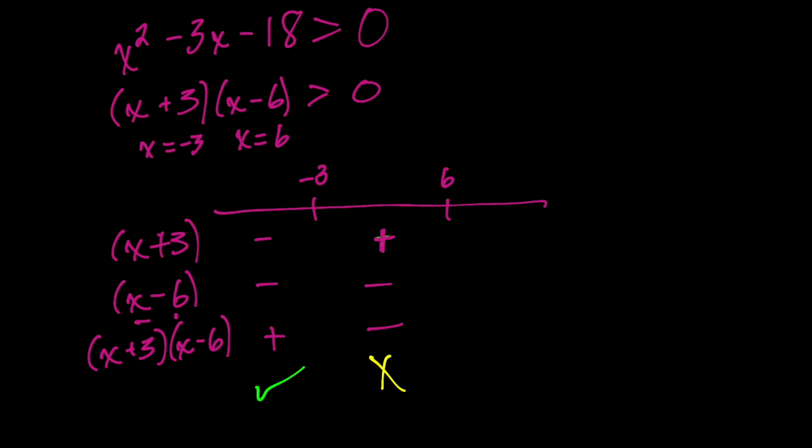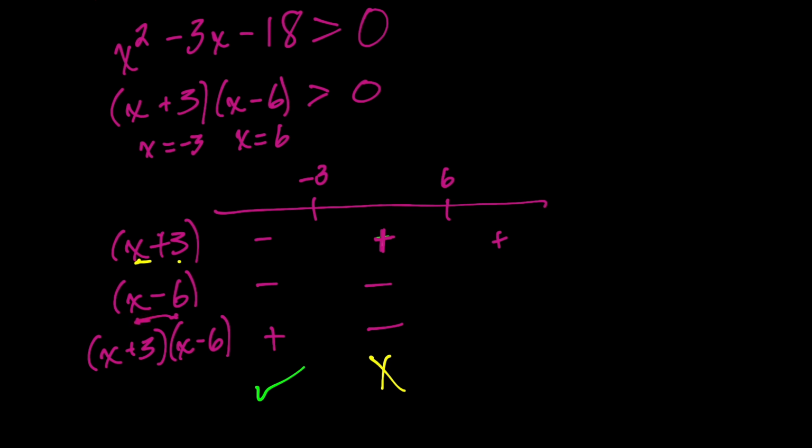Next, let's look at our final region. Anything bigger than 6. So my favorite number bigger than 6 is 7. So 7 plus 3 is 10. So that's positive. I keep getting the wrong color. Then we are going to say 7 minus 6.